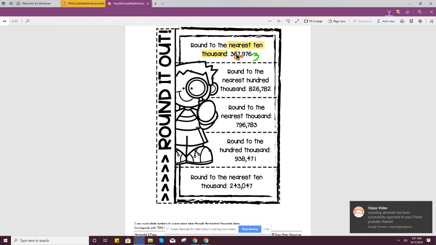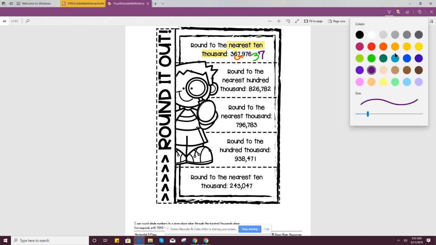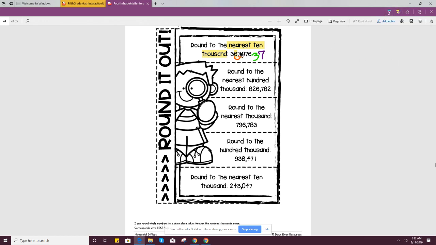So 6 is now a 7, because the digit behind it is more than 5, so it raises its score from a 6 to a 7. Everything else behind the highlighted digit, 1, 2, 3, 4, needs to be turned into zeros. So this is what you need to write underneath this tab.